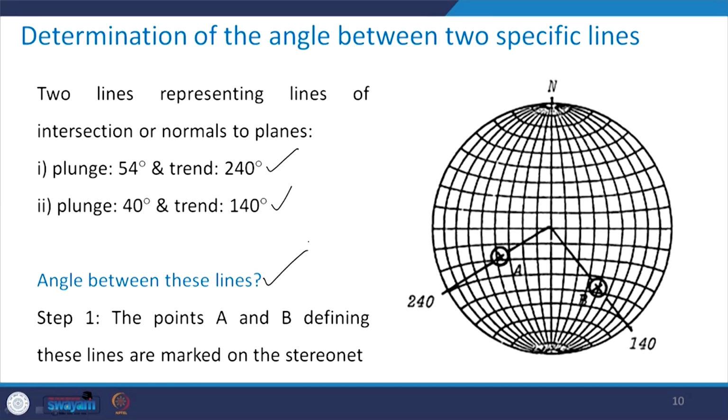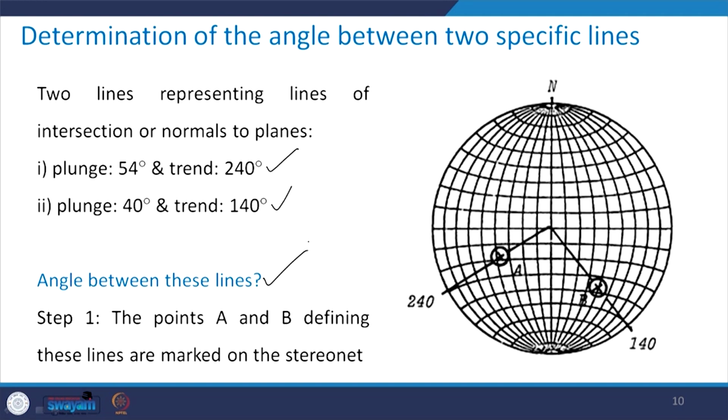In this case again, the first step for all these stereo plots is going to be the same. You place a tracing sheet on top of this stereo net, draw the outline of this circle, and mark 0, 180 degrees, 90 and 270 degrees on the tracing sheet. Now, here you see the trend of the two lines, which, as I have already told you, is equivalent to the dip direction.